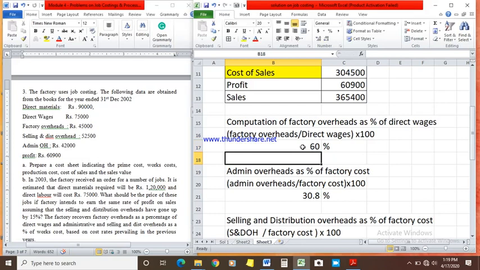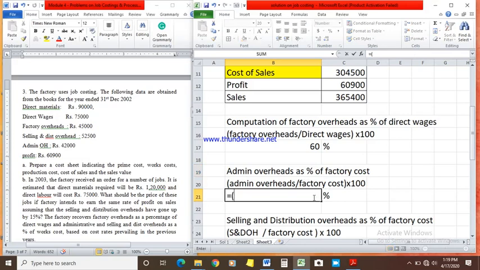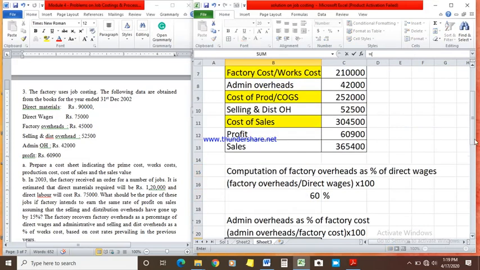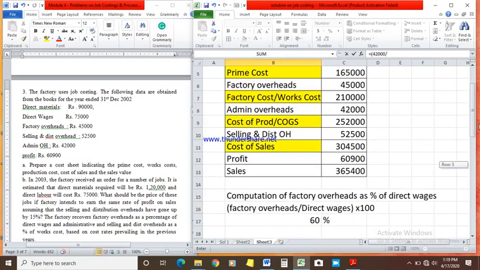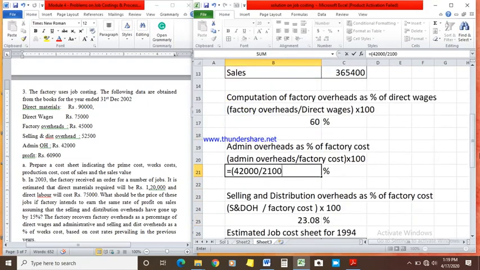So it is 60%. Similarly, administrative overhead is a percentage of factory cost. Administrative overhead divided by factory cost into 100. So administrative overhead in this problem, that is 42,000, divided by factory cost 2,10,000, into 100. So it is 20%.